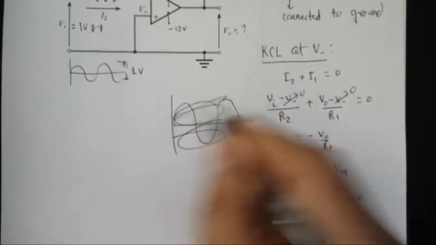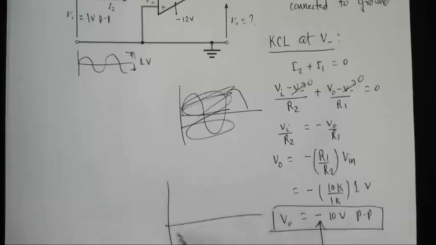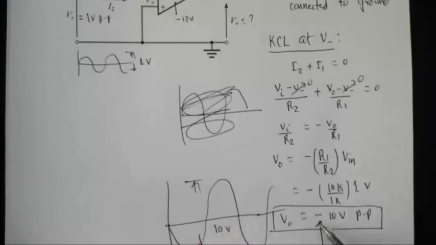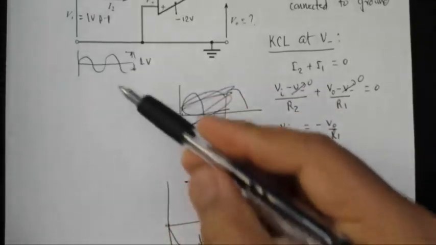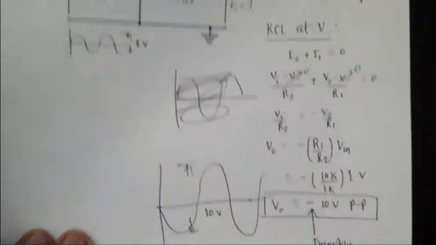This will be inverting. If you draw the output sketch, the peak to peak will be 10 volts. Negative simply means the input and output are 180 degrees out of phase.